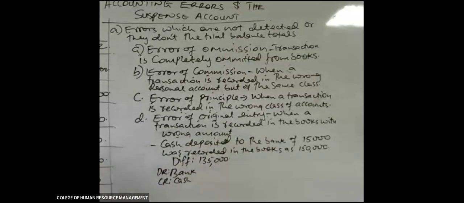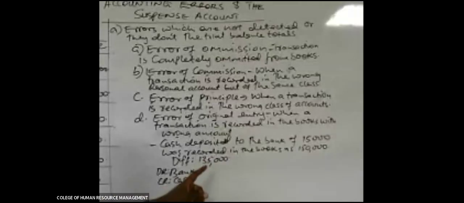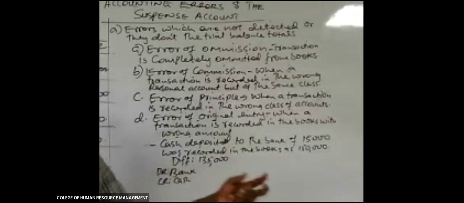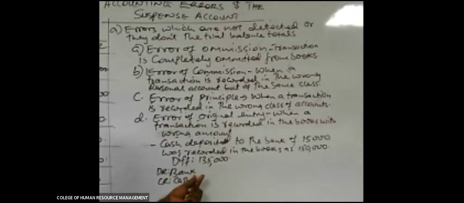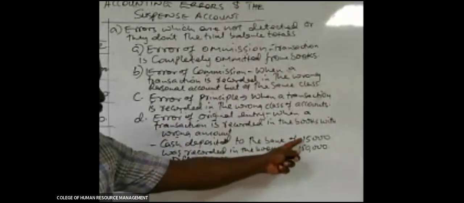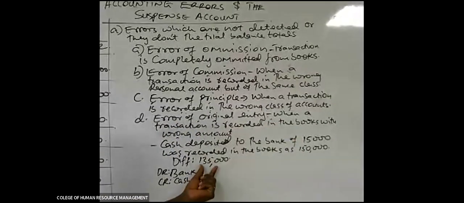That is the correct position. Cash is reducing, you credit cash, bank will be receiving that money, you debit bank. But the mistake we made is that to cash, we credited 150,000, which is 135,000 more than what was supposed to be credited. To bank, we debited 150,000 instead of 15,000, so we debited 135,000 extra.